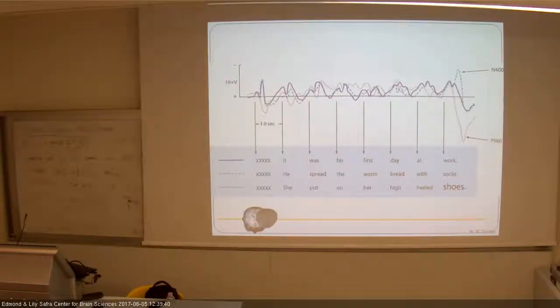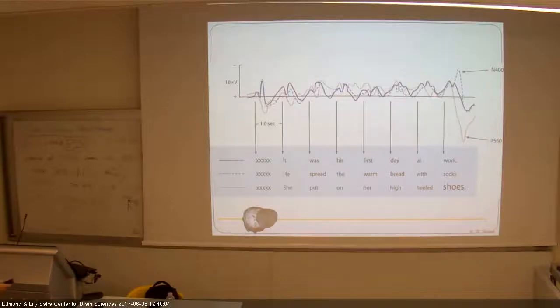So, in Hebrew, for instance, it could be a sentence starting with a feminine, and then the last word would unexpectedly be masculine. Or it could start with the plural, and then you present something which is odd because it's in the singular at the end. This won't cause an N400.